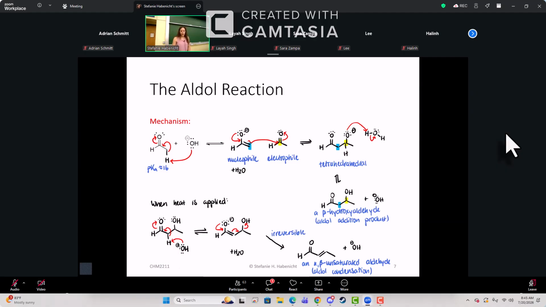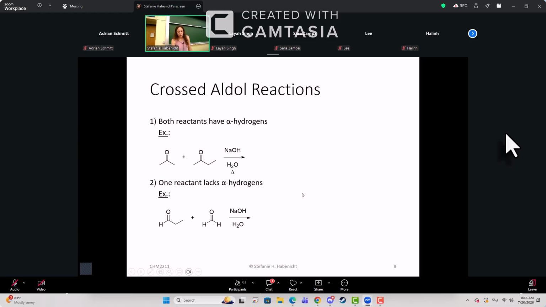All right. Now, both of the examples that we've looked at here have been self-condensations. We've reacted two equivalents of acetone or two equivalents of acetaldehyde. That was a self-condensation in each case. But what if we combine two different carbonyl components, two different aldehydes or ketones? What if both of them have alpha hydrogens, which is the case in this first scenario at the top?